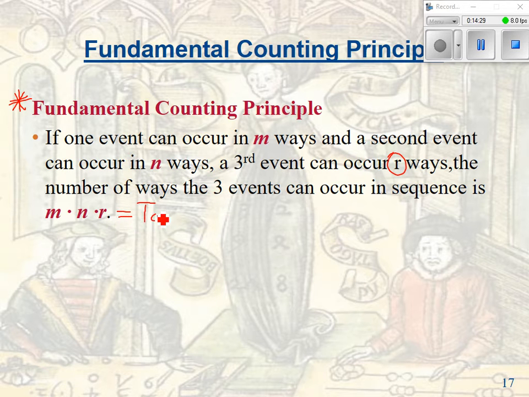This is going to equal your total possible outcomes. You just take how many items there are in M times how many items in N times how many items in R.